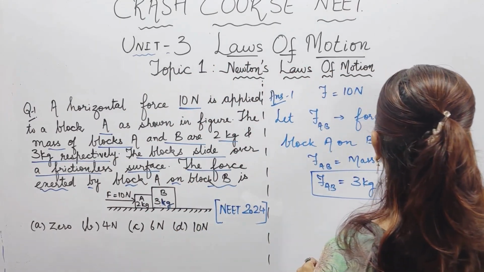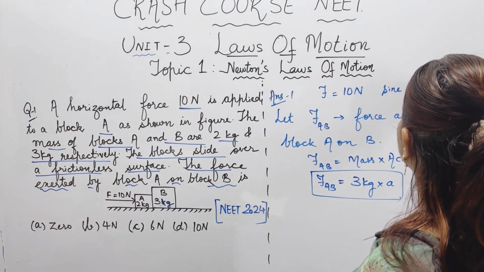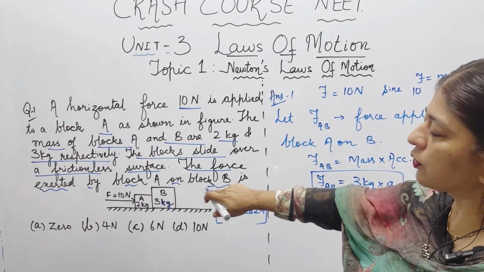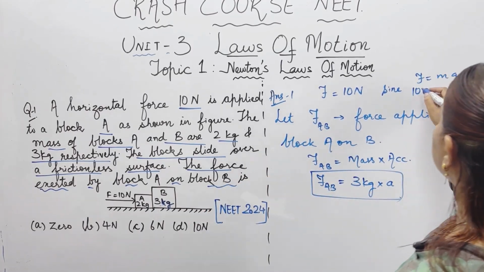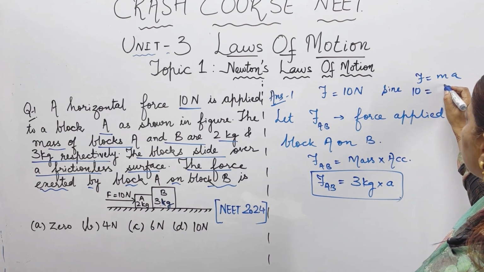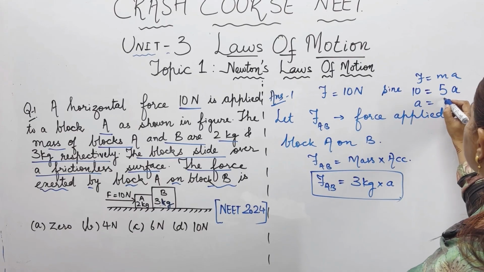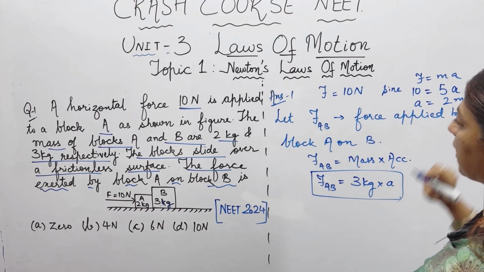Since F is equal to ma, and force applied, this is applied on both of the bodies, A और B दोनों बॉडीज पे लग रहा है, तो इसलिए मास जो है दोनों का 5 हो जाएगा 2 + 3, और एक्सेलरेशन जो है यहाँ से हमारे पास 2 मीटर पर सेकेंड स्क्वायर आएगी.